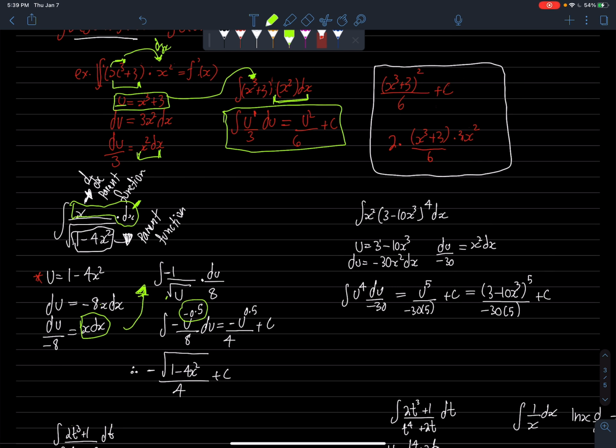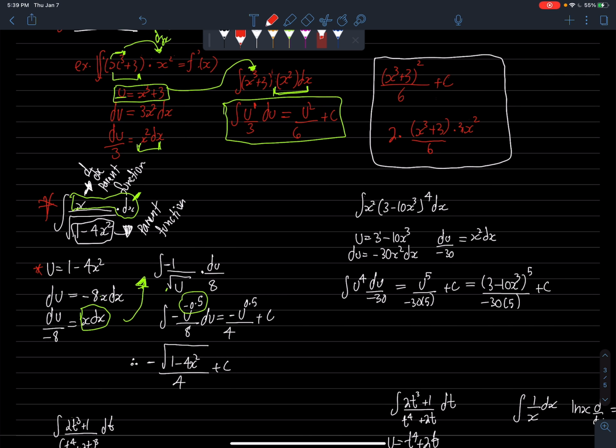And then the original question is given in terms of x, right? So we're going to want the answer in terms of x. So we're going to substitute back in u. So it's going to be u to the 0.5, so root of 1 minus 4x squared, put the negative in the front, over 4 plus c.